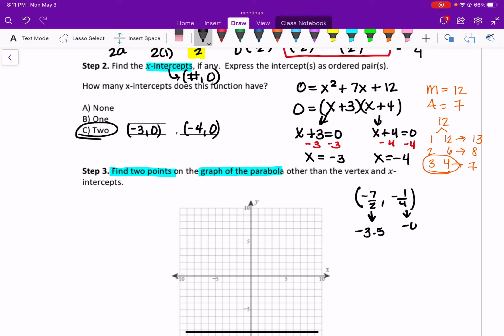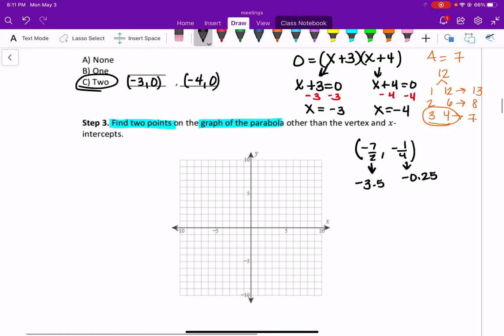This is negative 0.25. So what that means is when I'm graphing this point, I'm going to go to negative 3.5 on my x, which is going to be halfway between 3 and 4. So 1, 2, 3. And then I'm going to go down just a little bit, and that's going to be my quarter that I went down. And then our x-intercepts were at negative 3 and negative 4.